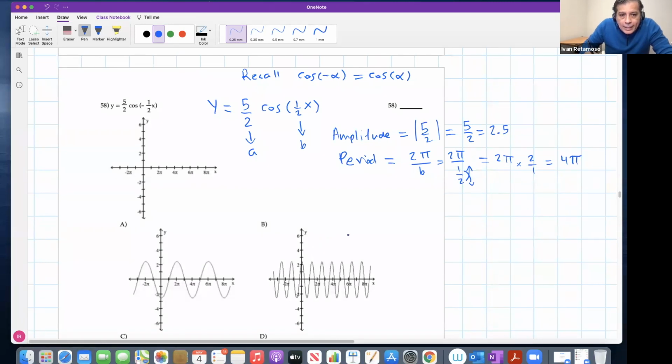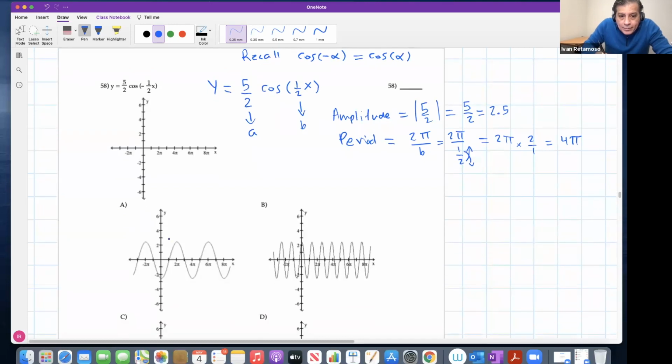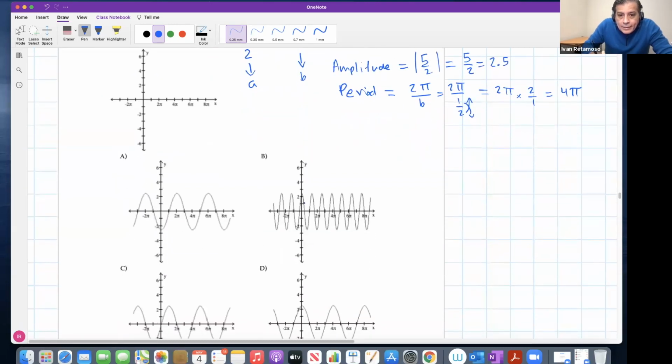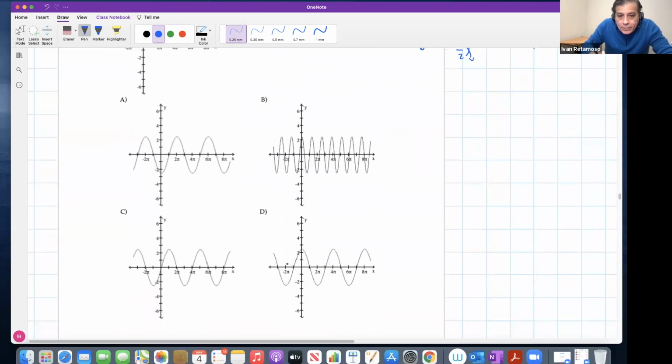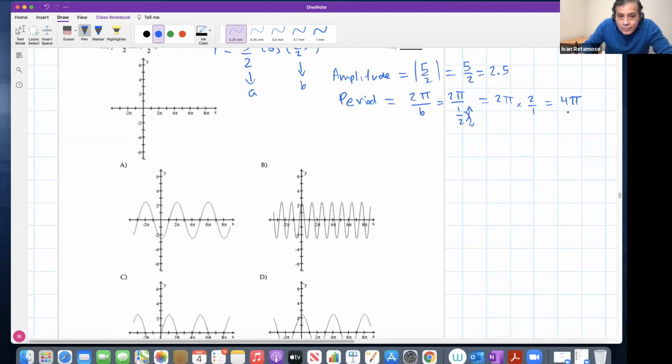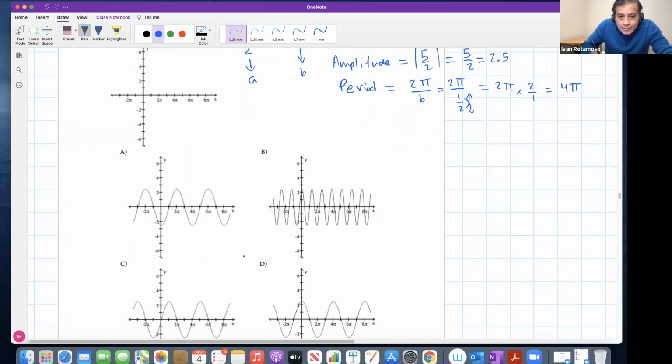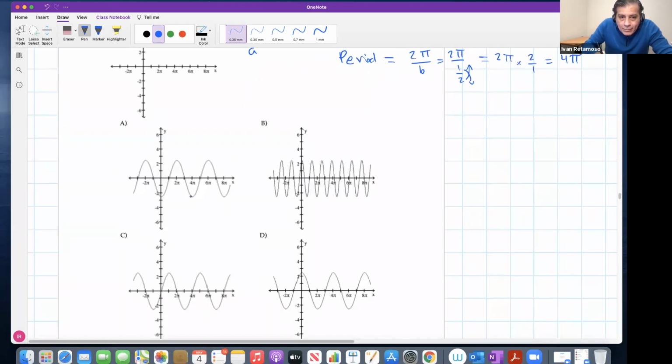So you look for a graph that is showing 2.5 up, 2.5 down, right? This one too, this one, they're all showing that, but now the period 4 pi. This is a period of 4 pi, but the V backwards is not what I'm looking for. I'm looking for the V in this form, right? Look, this will be great.